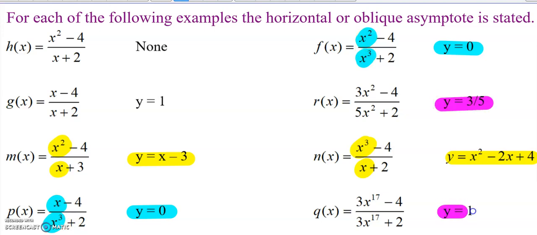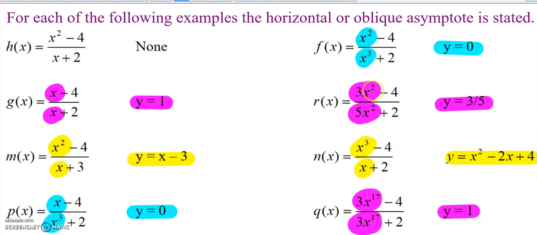Last but not least, when the horizontal asymptote was equal to some kind of number, let's compare the degrees now. Well, the degrees here are equal, equal, equal. So where are these numbers coming from? It has to do with the leading coefficients: 1 divided by 1, 3 divided by 5, 3 divided by 3.